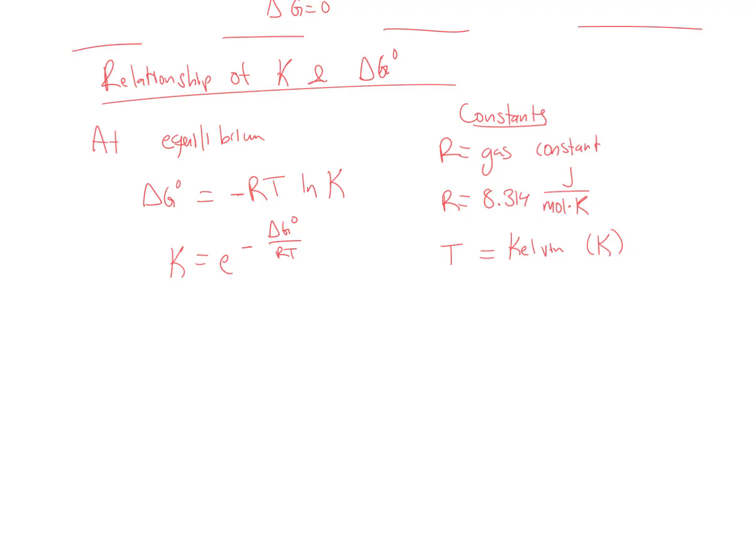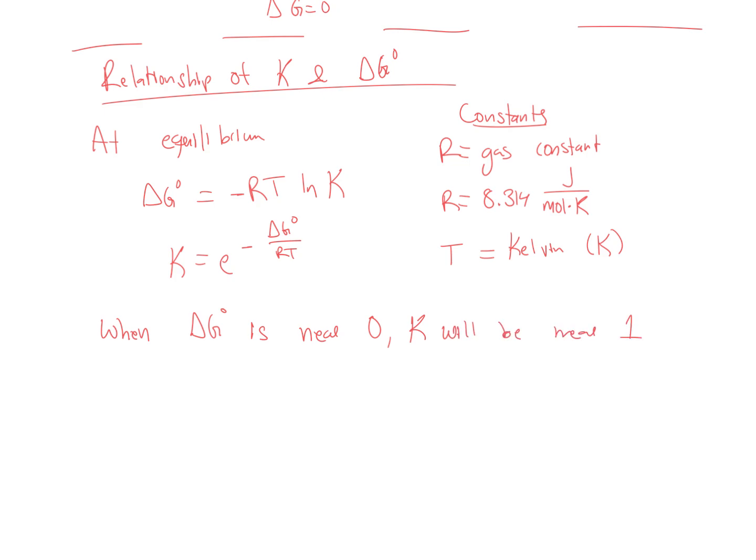And because of this relationship, there's a few qualitative things that we can do without ever having to calculate anything. When delta G is near 0, that means K will be near 1.